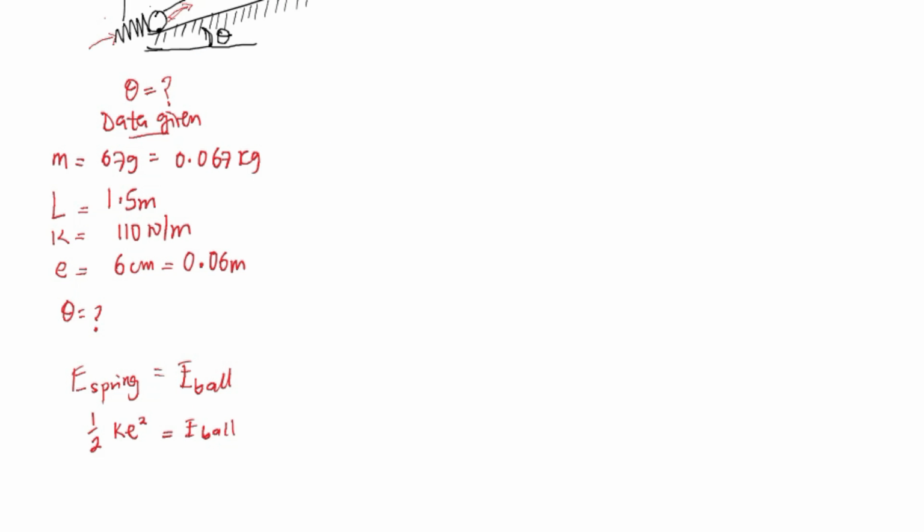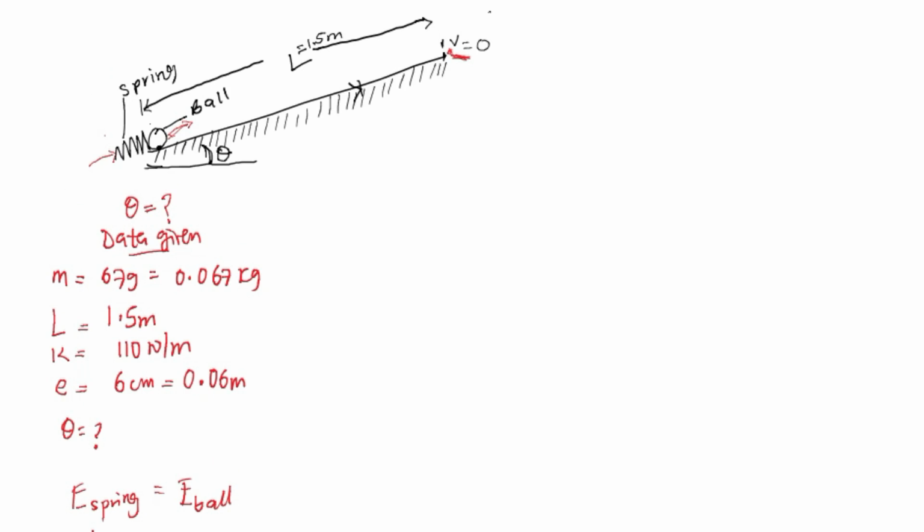Now the energy stored in the ball is a potential energy, since the ball is moving from a position of height, let's say h equals 0, to a position h equals a particular value, let's call it h. Here h equals 0.